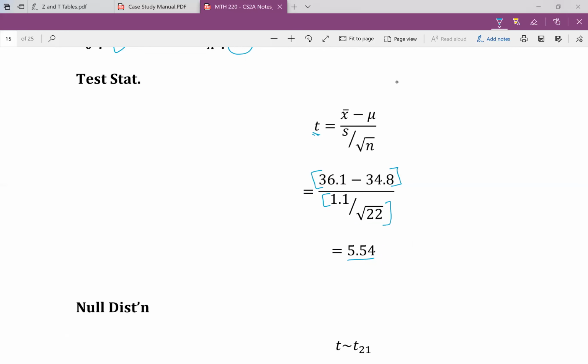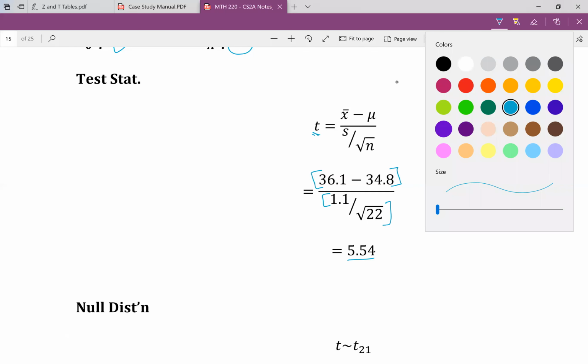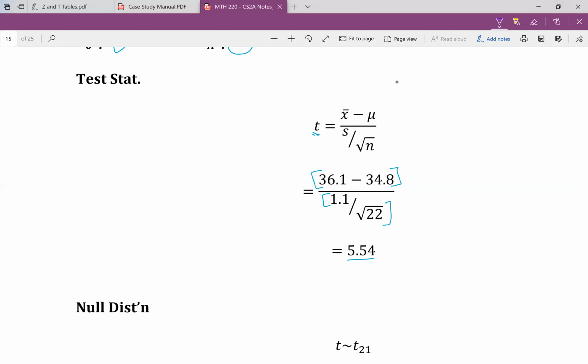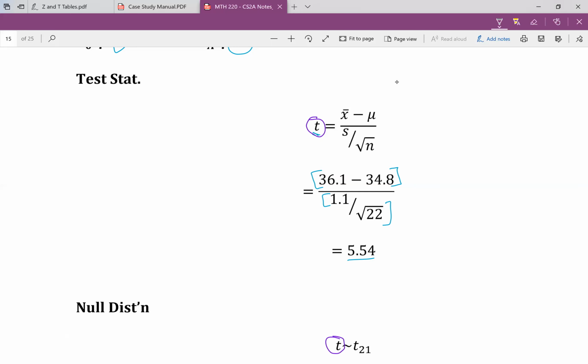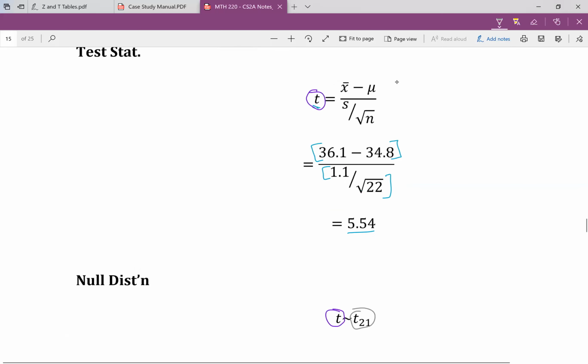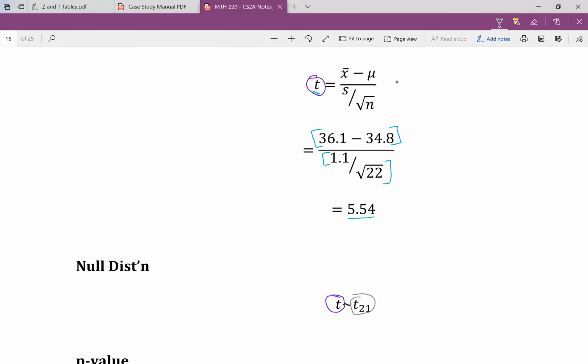The T is our test statistic T, and then T21 is the physical picture that we would draw and the act of going to the chart. This is T21, the Student T distribution.